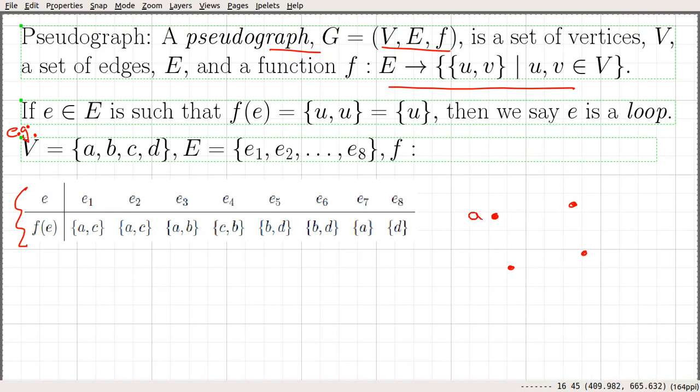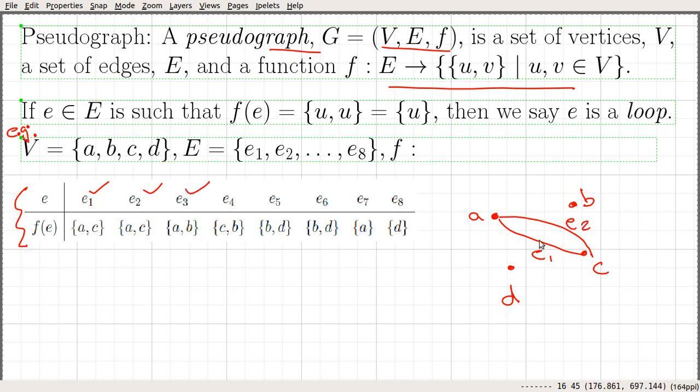Let me label these vertices as A, B, C, D. We have 8 edges, and the edges follow this function f. So let me introduce edges into this graph. Let's consider E1. f of E1 is AC, so there will be an edge between A and C. f of E2 is also AC, so this is E1, this is E2.